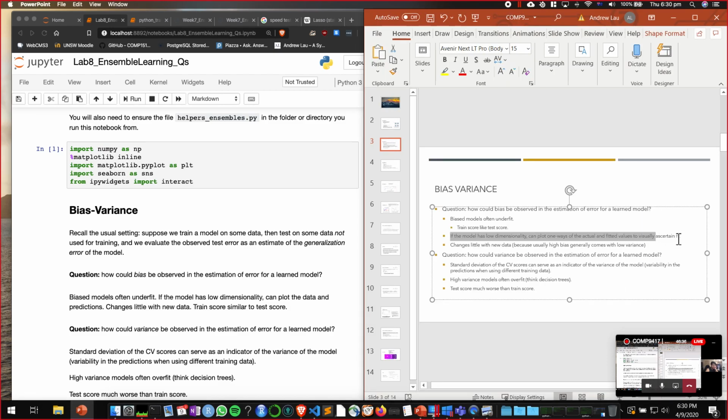Now here's another way you can go about doing it. This really you can only do in simple cases, right? If the dimensionality of the data is low. Now when I say dimensionality, I mean the number of columns is low, right? If you have too many predictors, it'll just take way too long to go through everything. But in a simple model, you can visually have a look and see if you are underfitting.